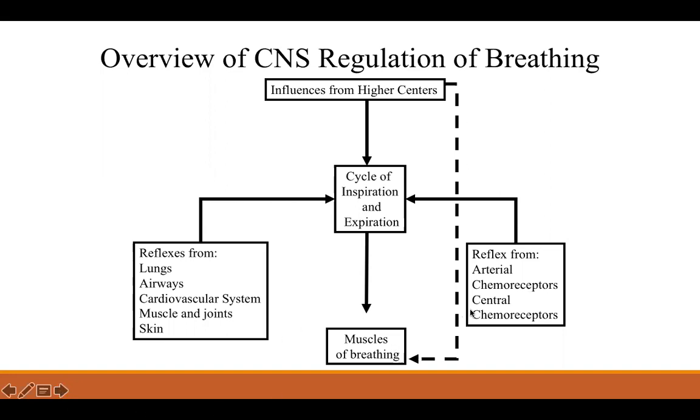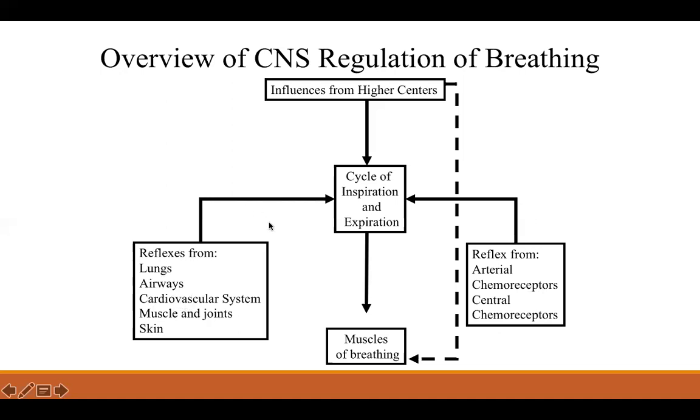We are talking about chemoreceptors, we are talking about mechanoreceptors. Mechanoreceptors could be in the lungs, airways, muscles, joints, and there could be other signals like pain and pressure from the cardiovascular system.